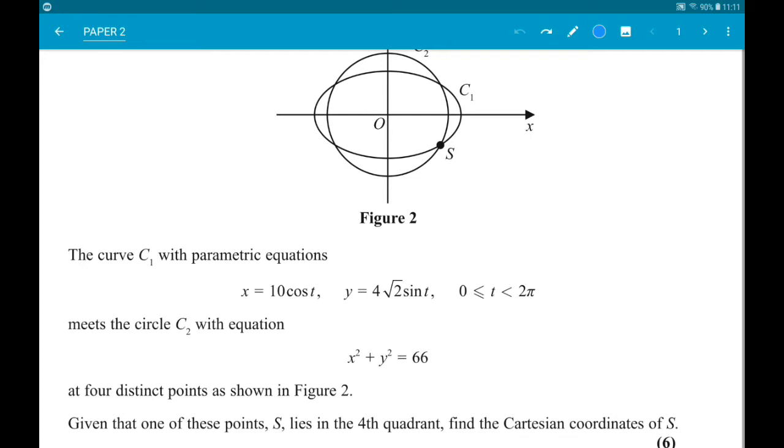by substituting the parametrics into the circle.